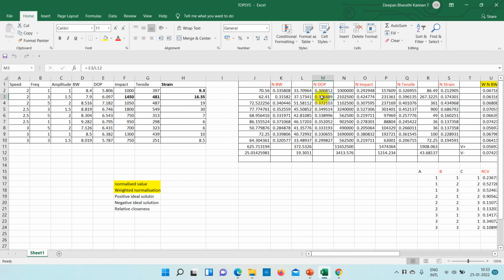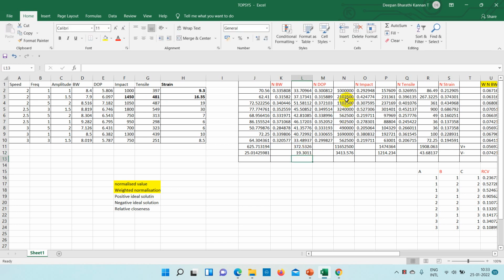E3 is nothing but 7.182 and L12 is nothing but 19.3. Okay, so just divide the corresponding terms by the square root of that value, this column. This is the procedure to calculate.